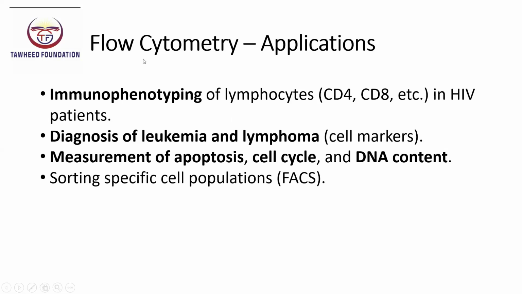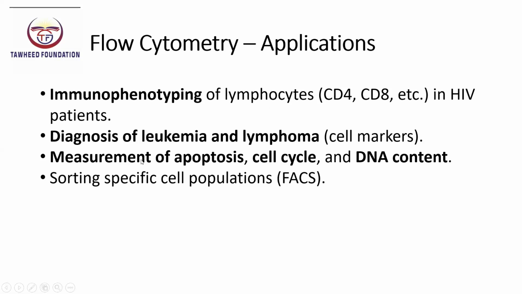Next is flow cytometry application. So flow cytometry has numerous clinical and research applications. Clinically, it is used for immunophenotyping of lymphocytes, such as CD4 and CD8 counts in HIV patients, and for the diagnosis of leukemia and lymphoma by identifying abnormal cell markers.